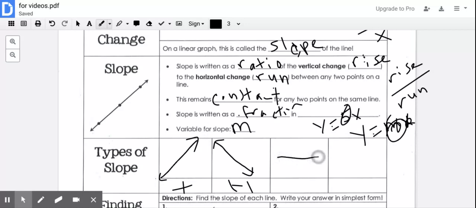Okay, a line that is just straight horizontal, that is a 0 slope. So if you think about like putting something with wheels right here, it's not going to move because there's no slant to the line. And a line that is vertical, which is up and down, that is undefined.